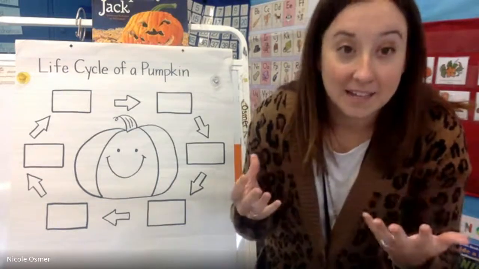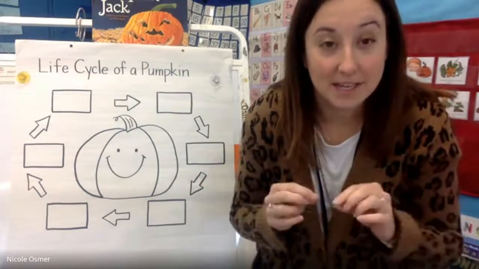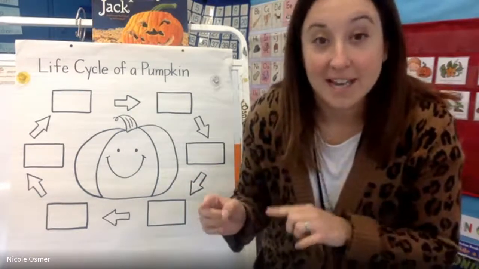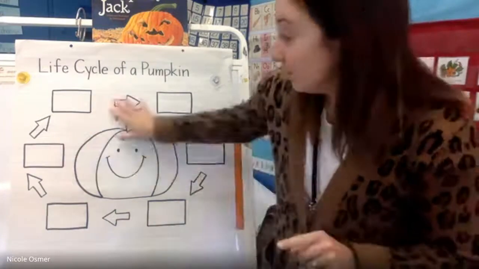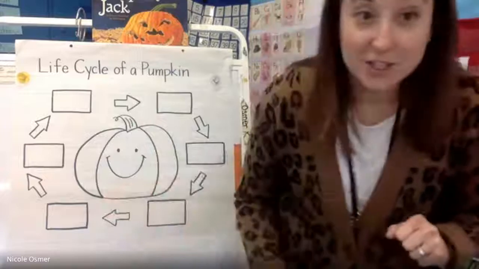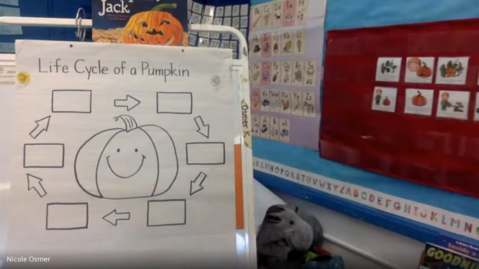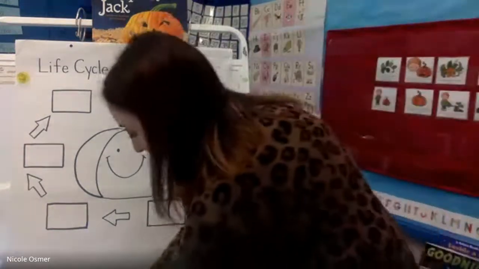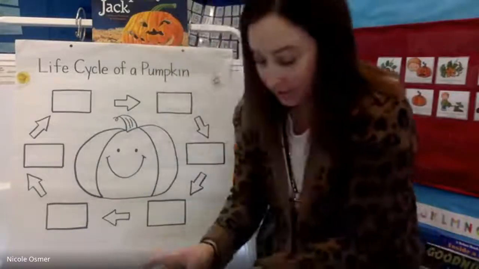And again, the life cycle of the pumpkin started, the seed, and then it led to a tiny sprout. And we're going to go through those with my life cycle chart here just to review some of those words. So I have my cards. I'm going to get some tape. Okay, so let's start.